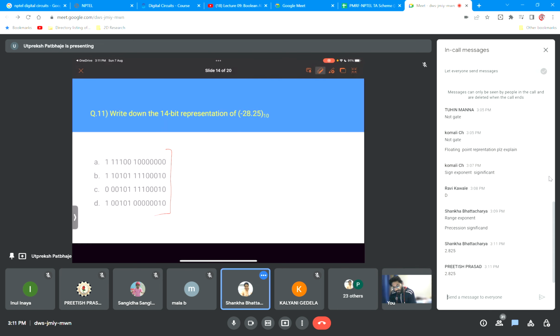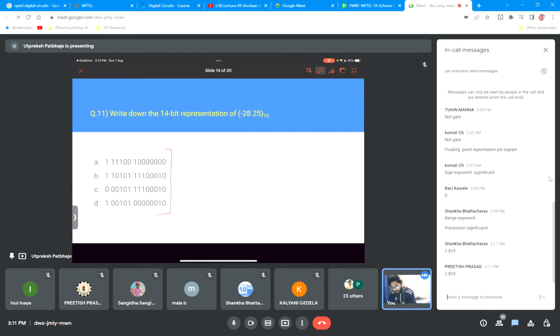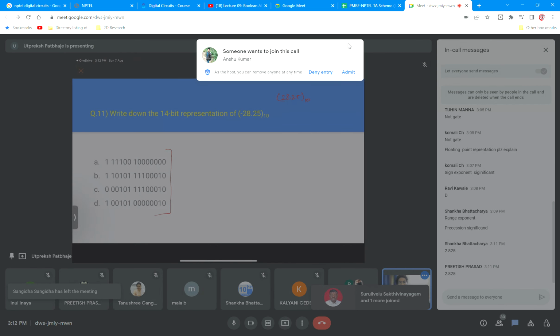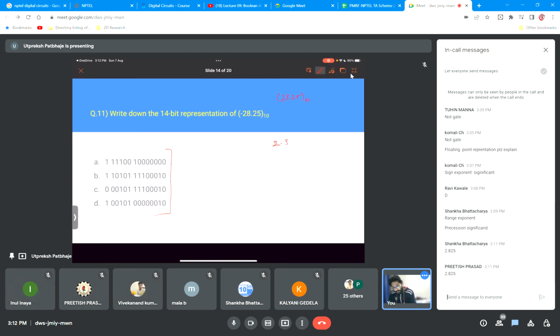Sir, why 10 to the power 10? Okay, so we were trying to represent 28.25, which was in the decimal number system. The usual form of scientific notation is that you have to give a single digit at the start before the decimal, and the rest of the part goes after the decimal point.